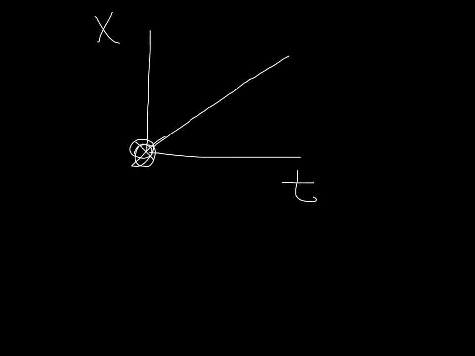So if I have a graph that is time versus position, and it has a positive slope, this means that a person started at the origin, walked away from whatever sensor or whatever was detecting this motion at a constant rate, and ended further away.